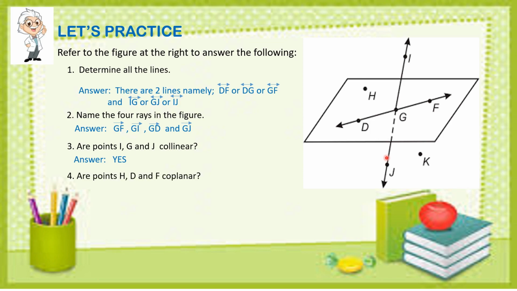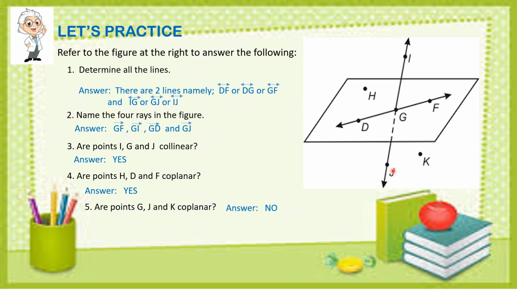Number 4. Are points H, D, and F coplanar? H, D, and F. Are they on the same plane? The answer is yes, they are on the same plane. Are points G, J, and K coplanar? G, J, and K. Are they?